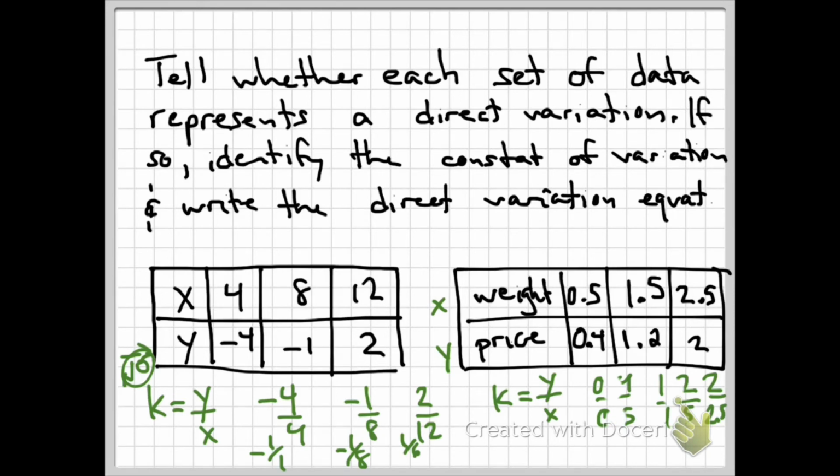This is actually 2.0, so that ends up being 20 when we get rid of the 0. So we now have 4 to 5, which is in lowest terms. The 12 to 15 can be reduced, 3 can go into both, so that's 4 to 5. And the last one, 20 over 25, 5 can go into both, and that reduces to 4 to 5. So this is a yes, and our direct variation equation is y equals 4 over 5x.